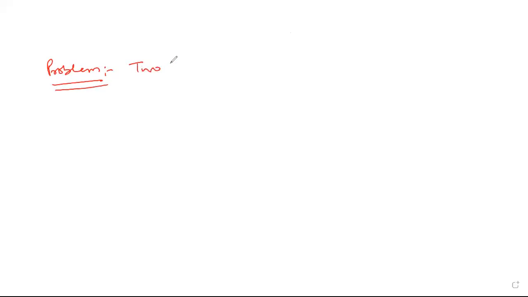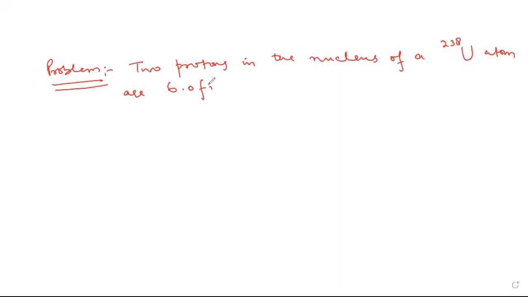Two protons in the nucleus of a uranium-238 atom are 6 Fermi apart.